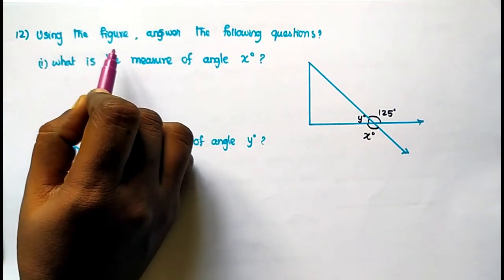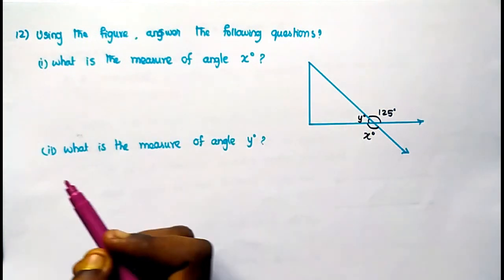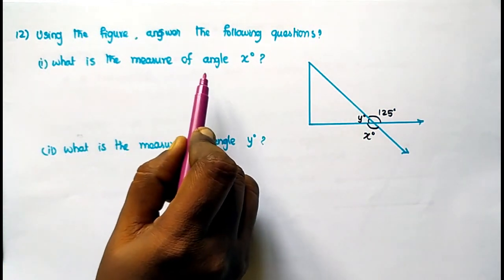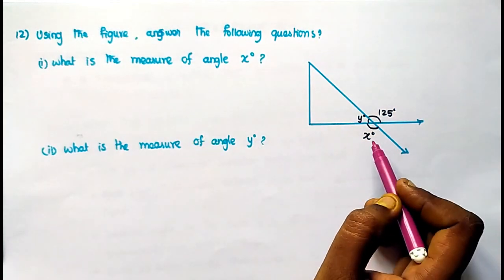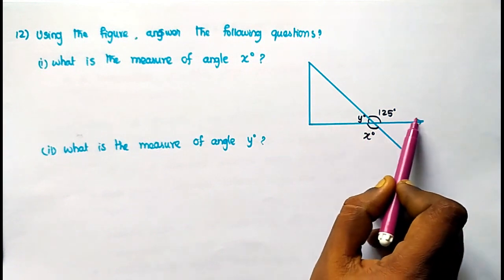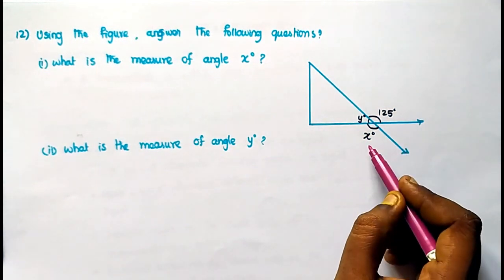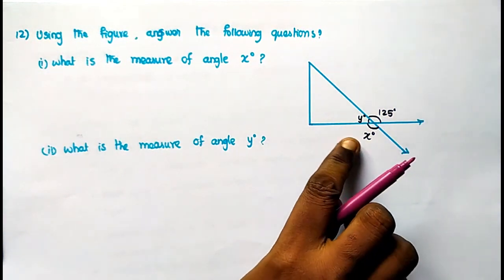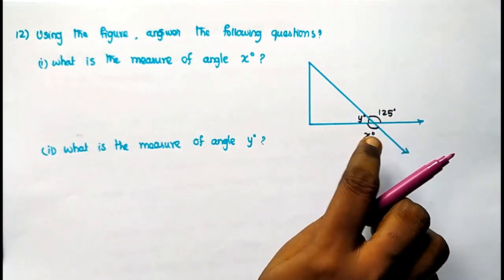12th sum, using the figure, answer the following questions. Listen to this one. What is the measure of angle x? Look at this figure. These two lines are intersecting. So x equal to 125. What is the reason? That is vertically opposite.